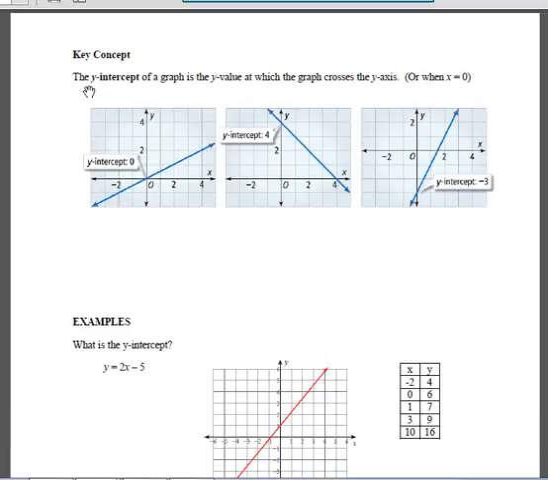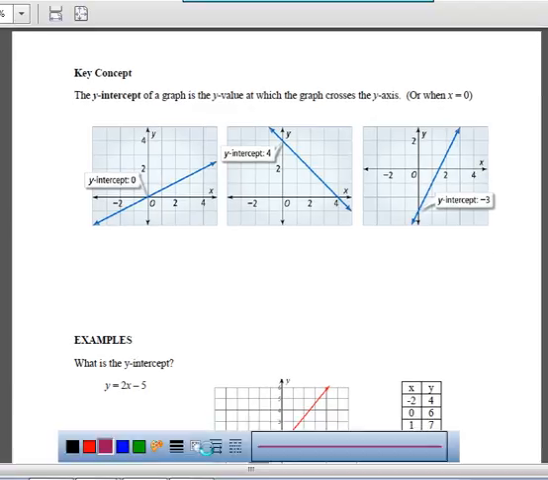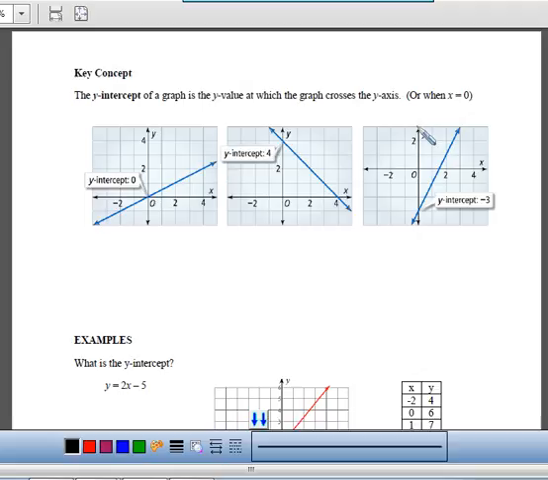Okay, key concept. The y-intercept of a graph is the y value at which the graph crosses the y-axis, or when x equals 0, or when input equals 0. Alright, so if I'm looking at this graph here, it's right there where the line crosses the y-axis.